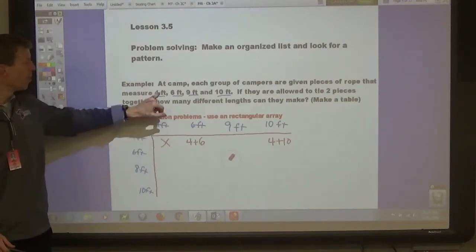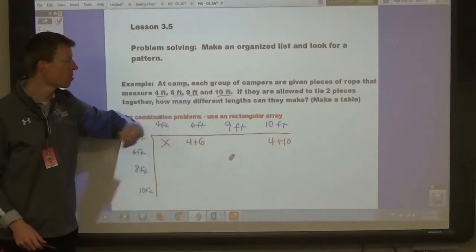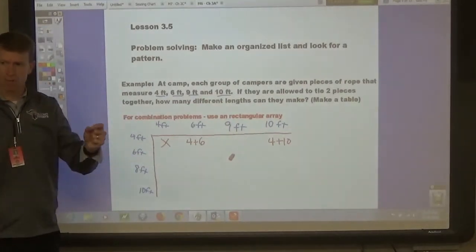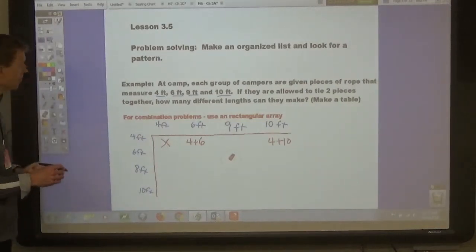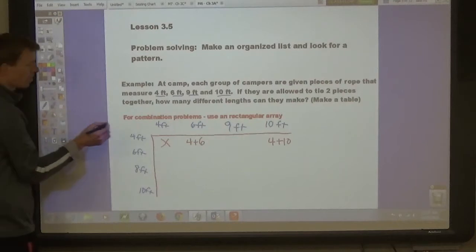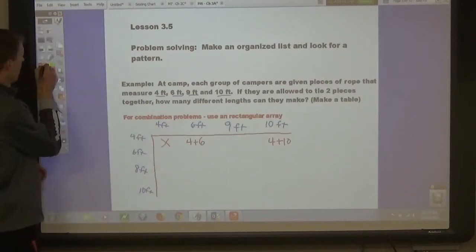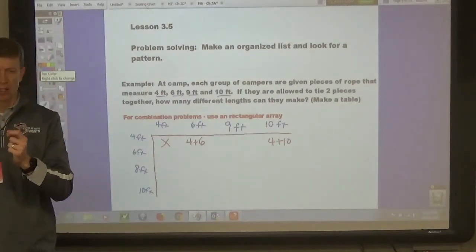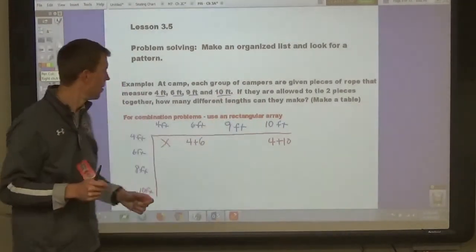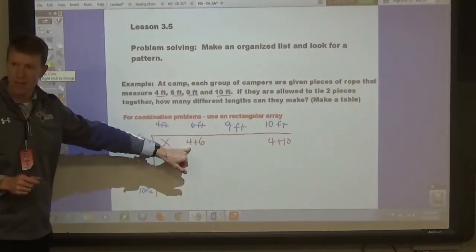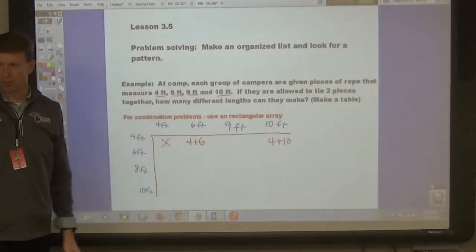So you have 1, 2, 3, 4 campers that are each given a different length of rope. Right? And a person with a 4-foot piece could tie it to a person with a 6-foot piece, and they could make a 10-foot rope.